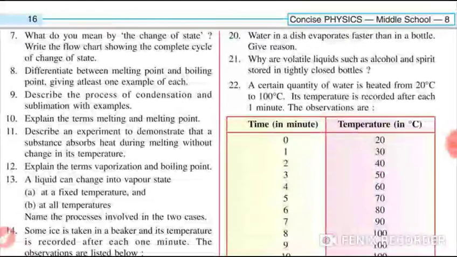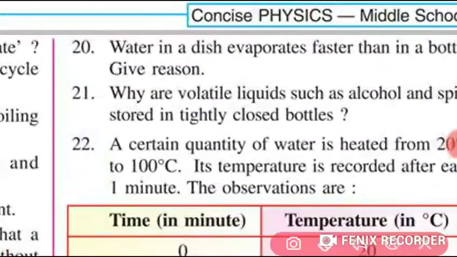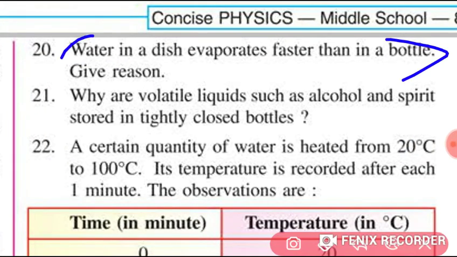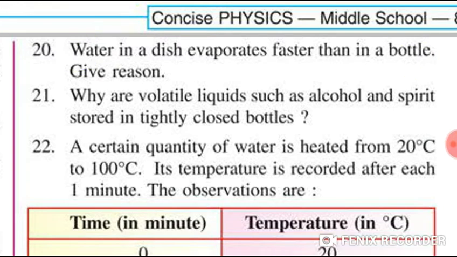That is why water in a dish evaporates faster than in a bottle. Up till here. Okay.